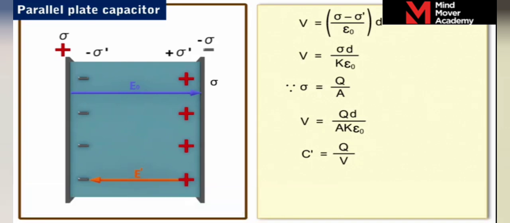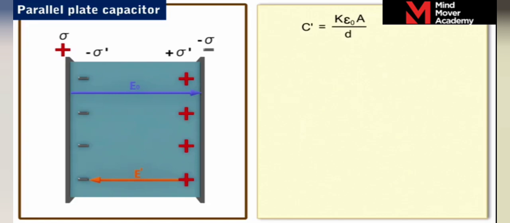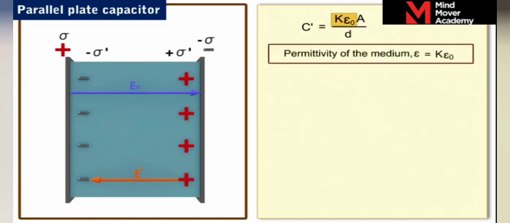Now, substituting value of V in the expression for C dash and simplifying, we get C dash is equal to K epsilon naught A by D. Here, the value of K epsilon naught is called epsilon, where epsilon is called permittivity of the medium.